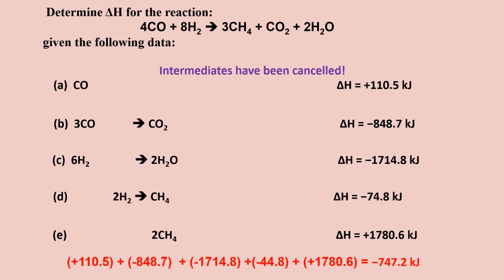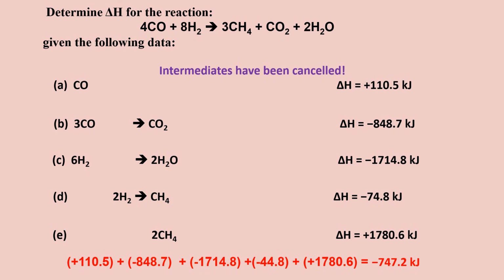In equation B we have 3CO yielding 2CO2, with a delta H value of negative 848.7 kilojoules. In equation C, we have 6H2, which yields 2H2O, and the delta H value is negative 1714.8 kilojoules.